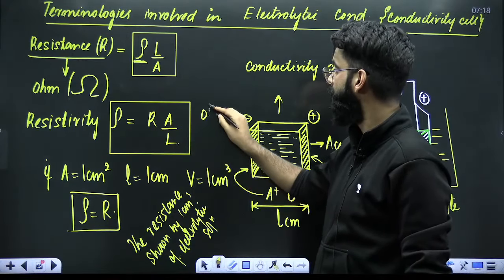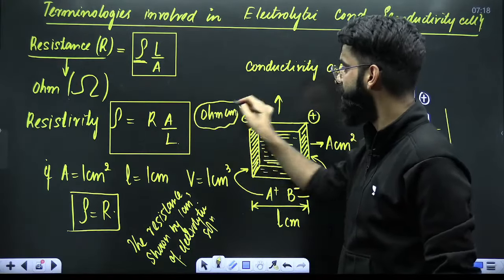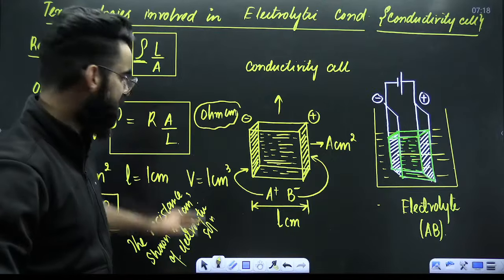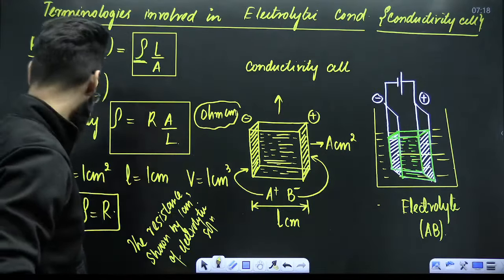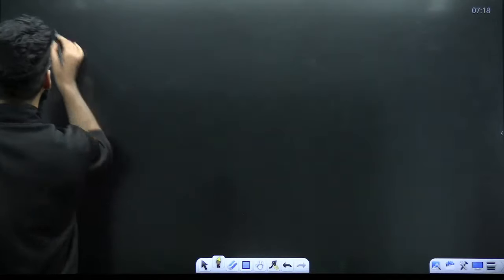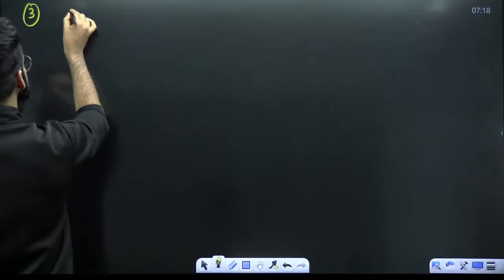So it has to be ohm centimeter. This is basically the unit of resistivity, ohm centimeter. Clear? So this was my second terminology, that is resistivity. Talking about my third terminology, it is conductance.